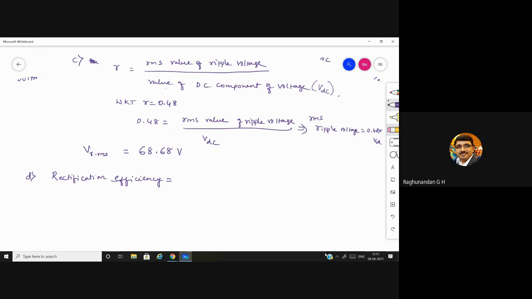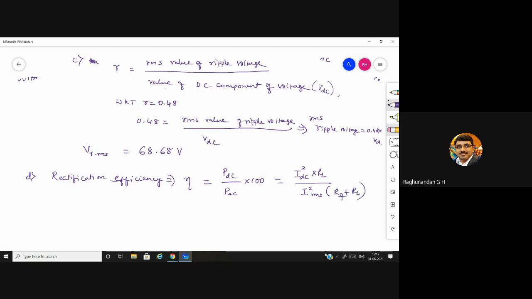For rectification efficiency, we know that it is PDC, the output DC power, by the input AC power, into 100. For PDC, we have I square DC into RL, divided by I square RMS into RS plus RF plus RL.